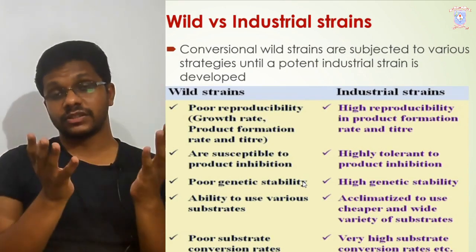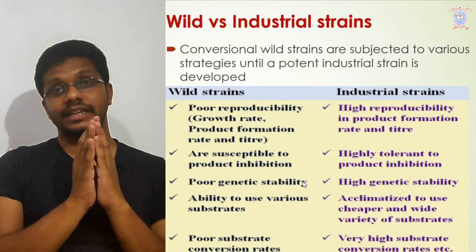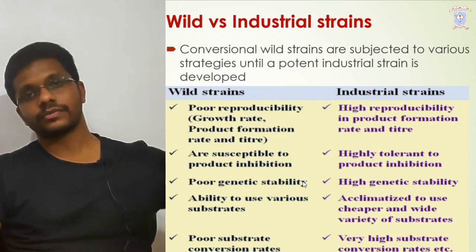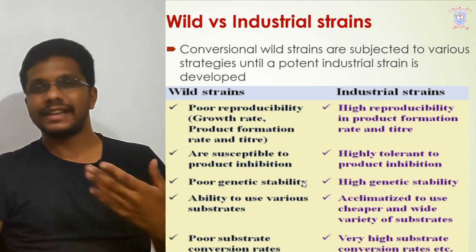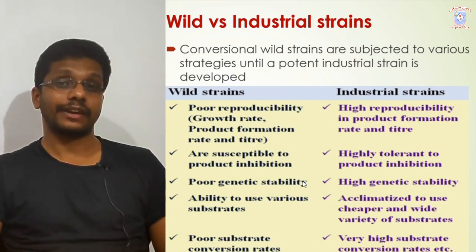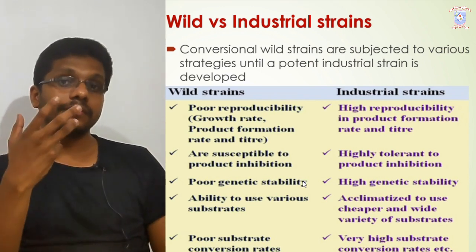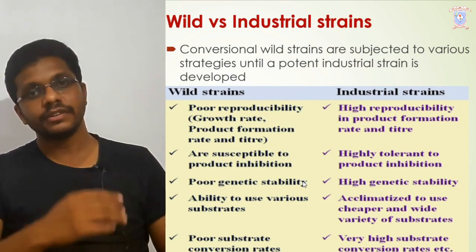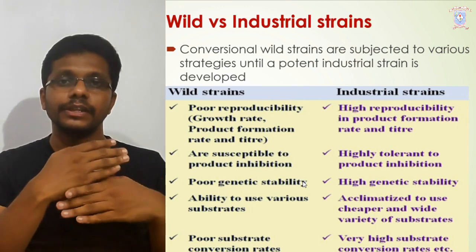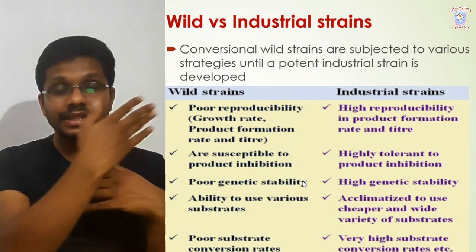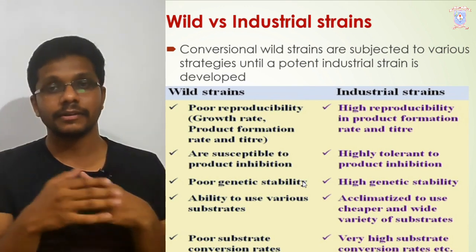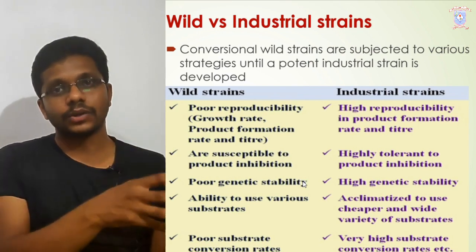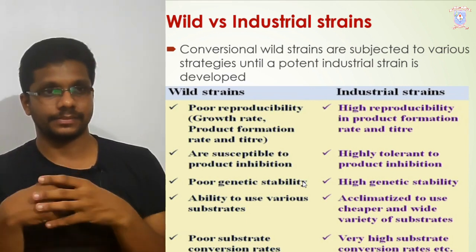So, in nature, it is very difficult to find an organism which has all these characters. We listed many characteristics, and in nature, it is difficult to find them. So what we do is isolate a wild type microorganism from nature, and we use several techniques like genetic manipulation, selection, screening, and everything to make this wild organism into an industrial organism.